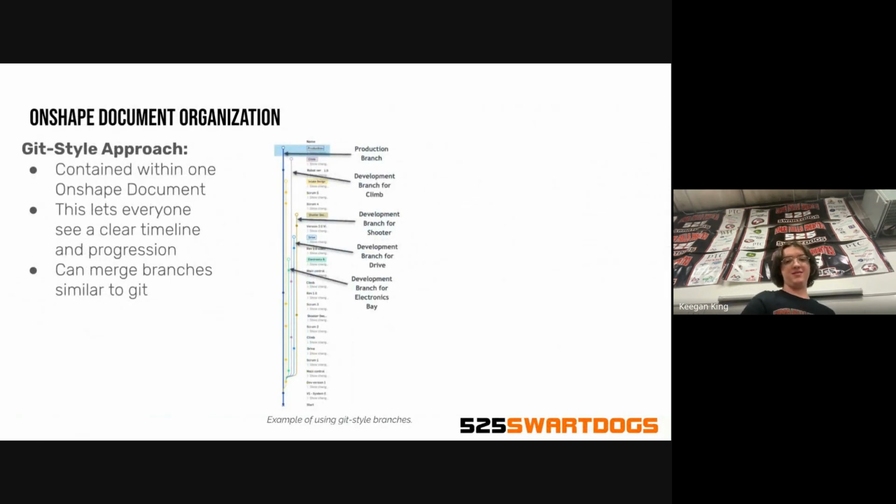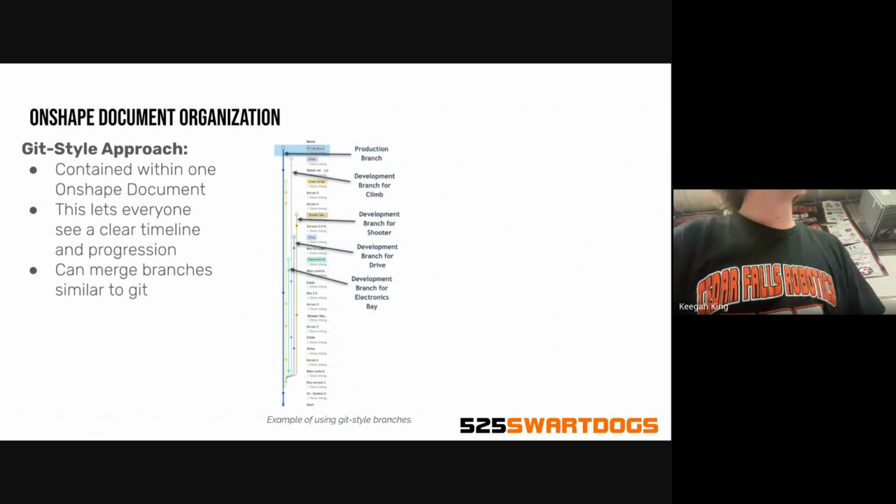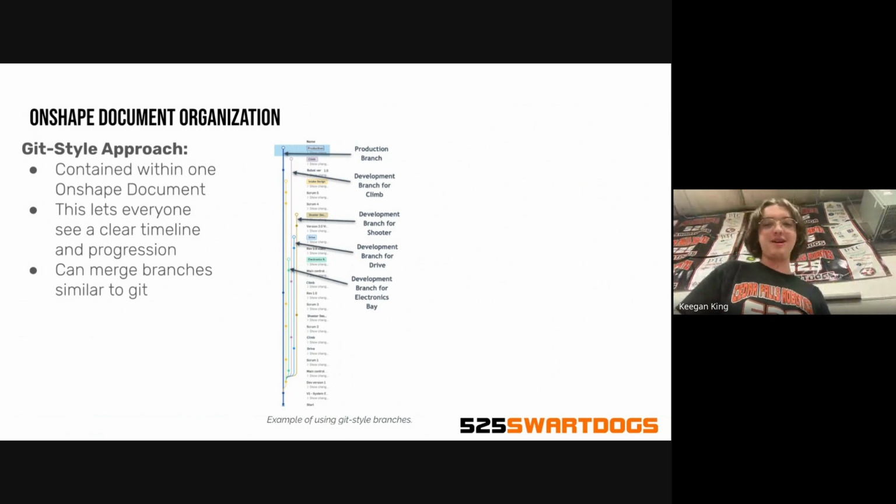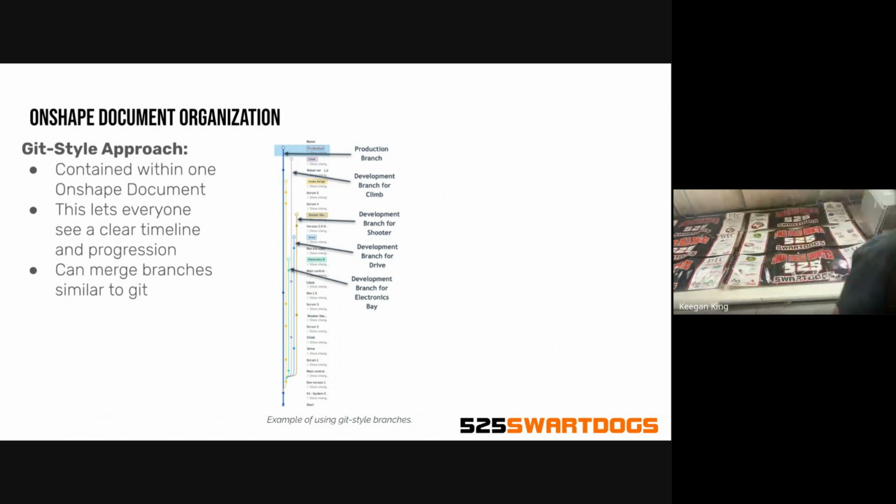For an example, this is not from us, but this shows the Git style approach for a fully CADed robot. It's a little hard to see, but all these different colors here are different branches for the different aspects of the robot. It's all contained within that one document with that main blue timeline across all of it.